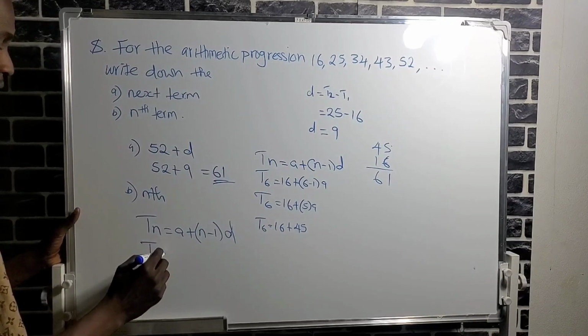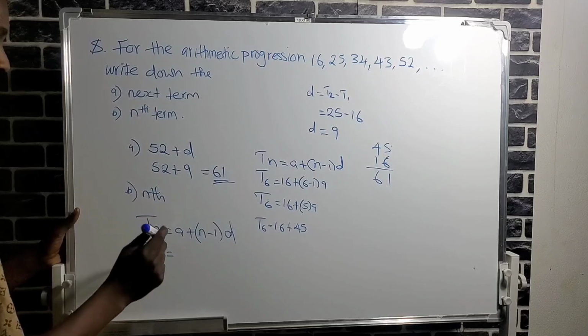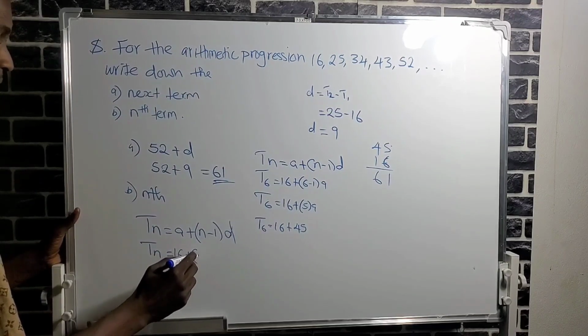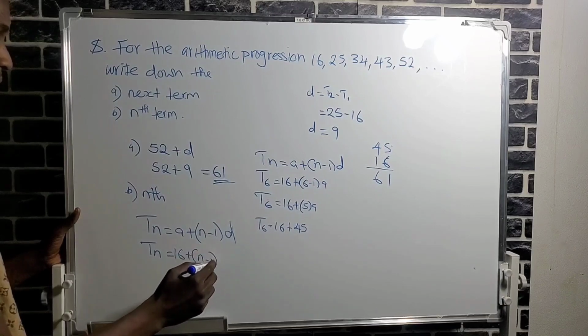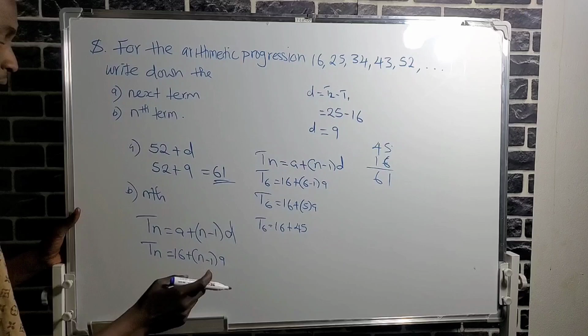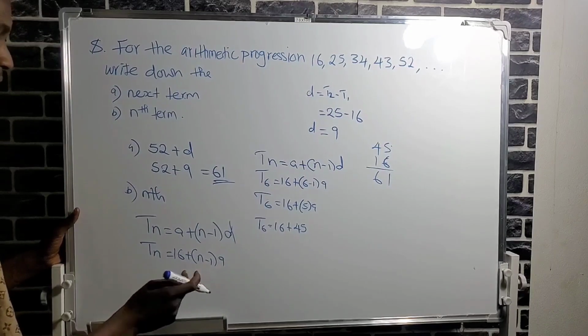Tn, n we don't know, is the nth term we're finding. A is 16 plus n minus 1, d we know is 9, the common difference. Okay, so we can expand here using 9.